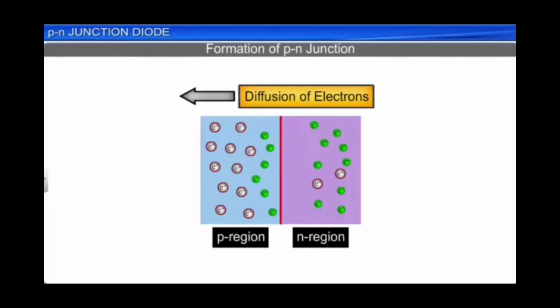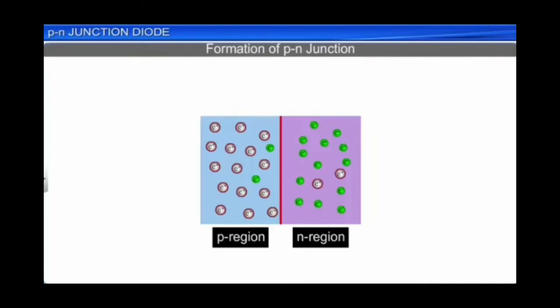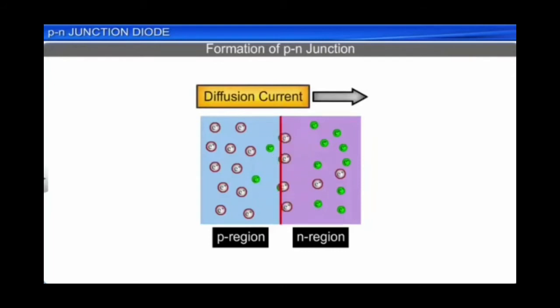Since diffusion of free electrons and holes take place here, their movement constitutes a current. Effectively, the current due to these two diffusions will be in the same direction, and that current we call diffusion current, and it is in the direction from left to right. That means from P to N.